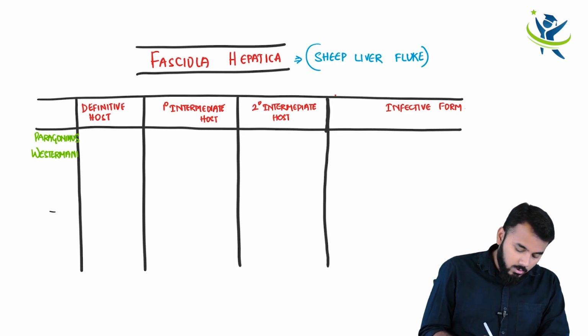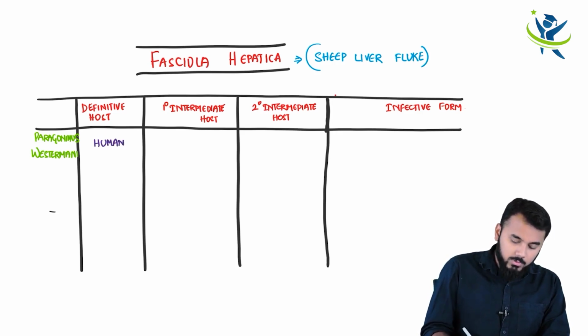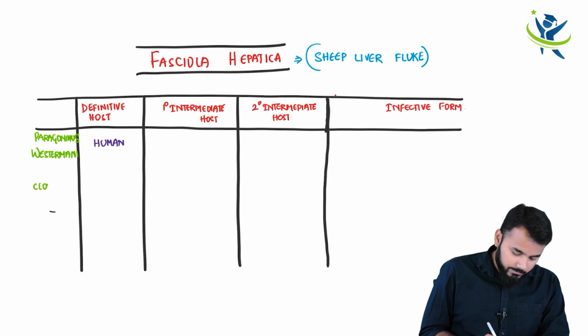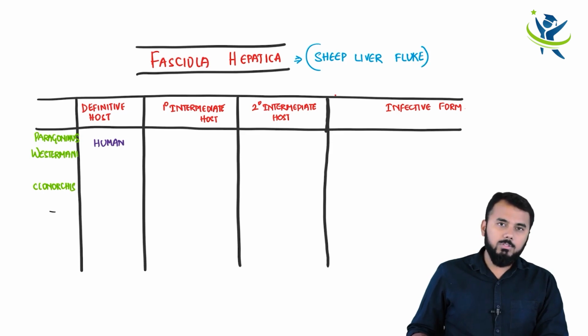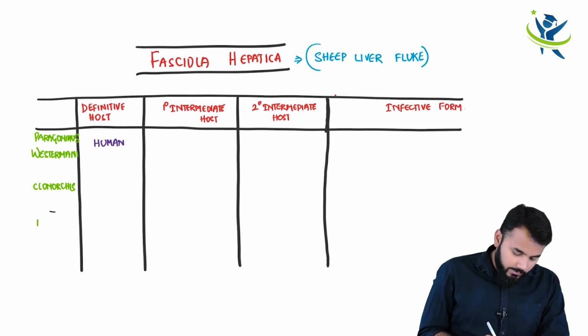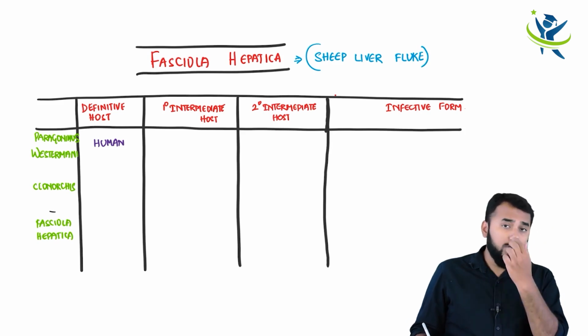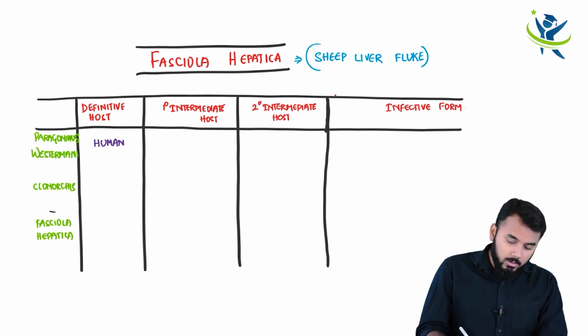The definitive host is always human, right? The second pathogen which we have discussed was Clonorchis. And the third pathogen which we are discussing today is your Fasciola hepatica. Right? So in all these three, the definitive host will be human.